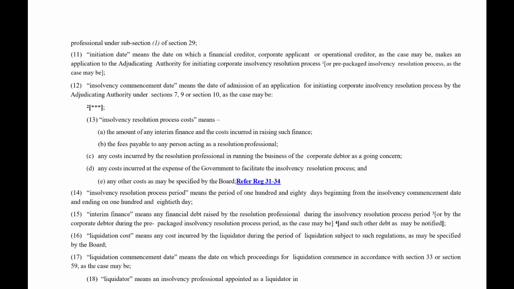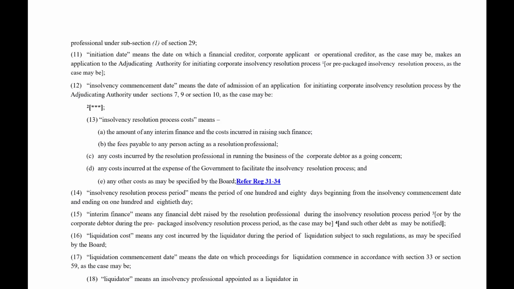Then the fees payable to any person acting as RP, resolution professional, and any cost incurred by the RP in running the business of the corporate debtor as a going concern. Because even after this insolvency petition has been admitted, you will try to run it as a going concern and there may be some costs involved. Those costs have to be paid in priority to the earlier dues.